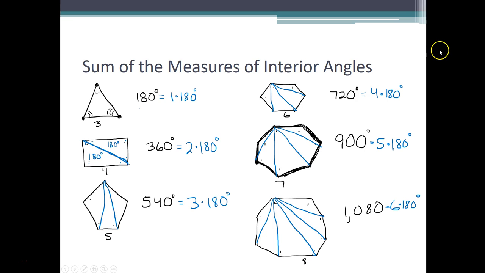And knowing that, we can then figure out the sums of the interior angles for any size polygon. What if we have a polygon where there's 100 sides?